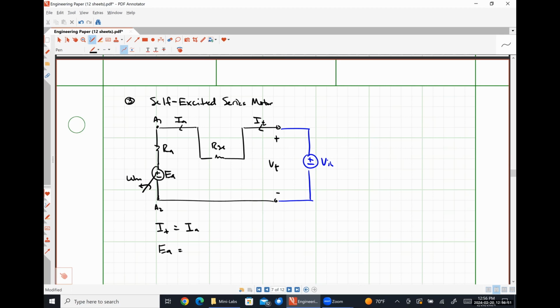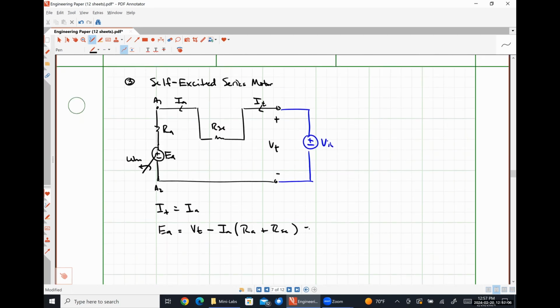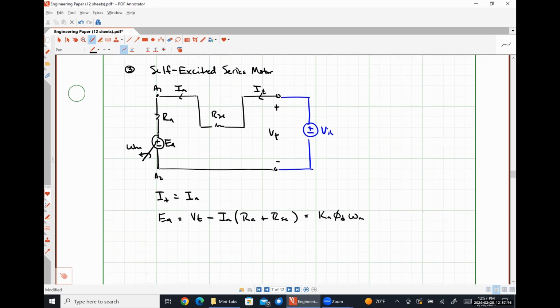EA is going to be equal to VT minus IA times RA plus RSE, which will also be equal to KA phi D omega M. I think that's the only thing that we really need.